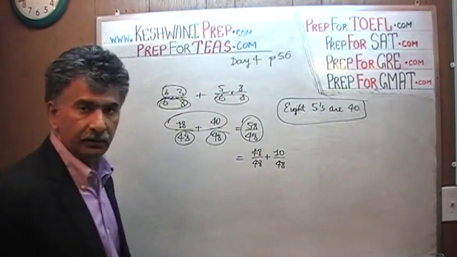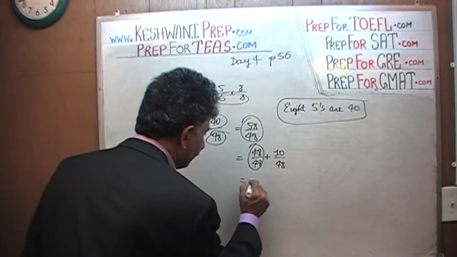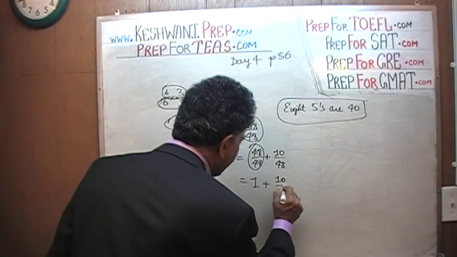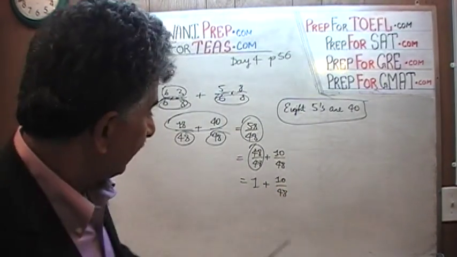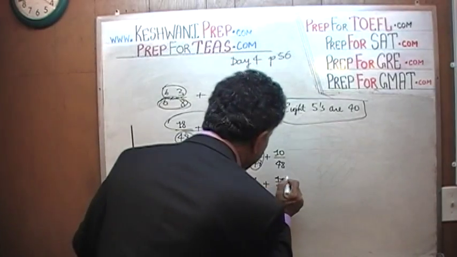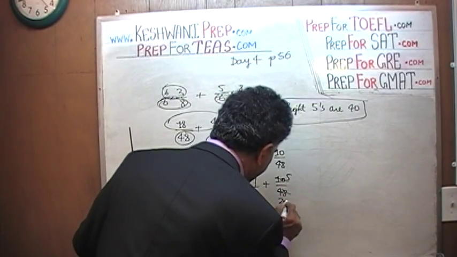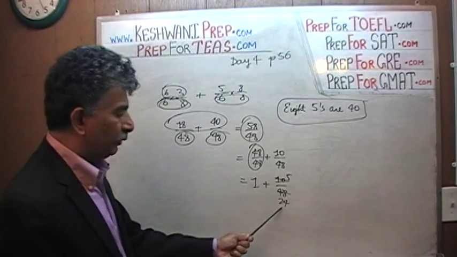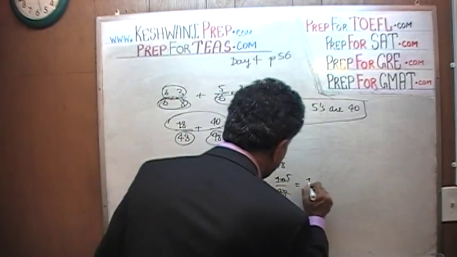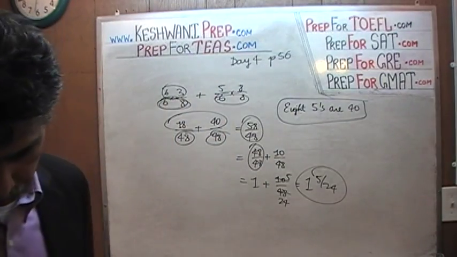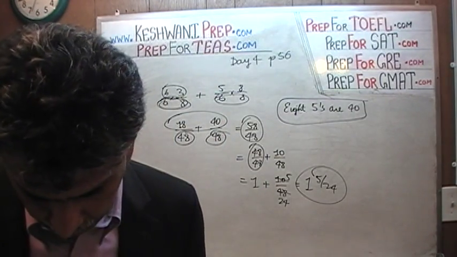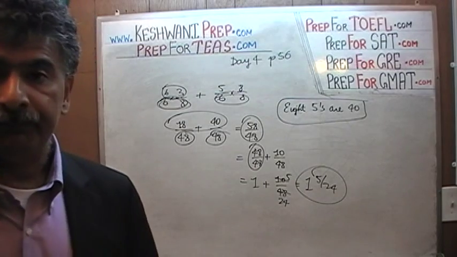And 48 over 48 is just 1, so we get 1 plus 10 over 48. And 10 over 48 can be reduced because they are both even numbers. We can divide the top and bottom by 2. So we end up with 5 over 24. 1 plus 5/24 is the same as 1 and 5/24, which is the same answer as what we have here.